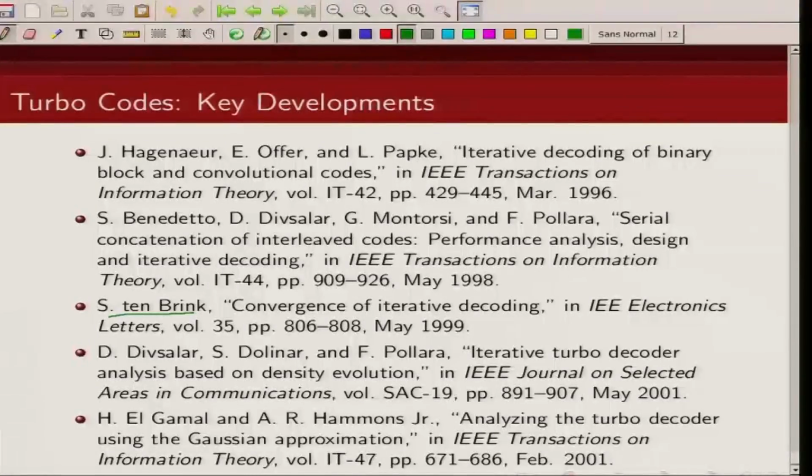Ten Brink used mutual information, Divsalar used the evolution of the densities of the extrinsic information, and El Gamal used the mean and variance of the extrinsic information, and they tracked it to get information about the convergence of the turbo code.